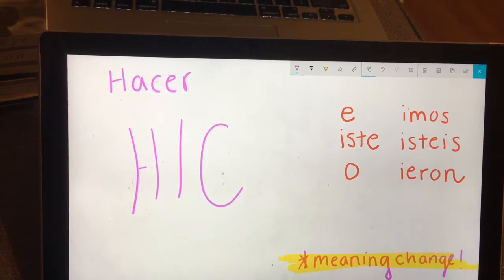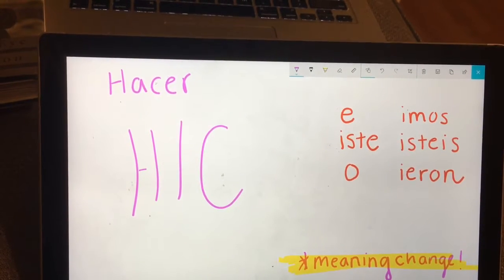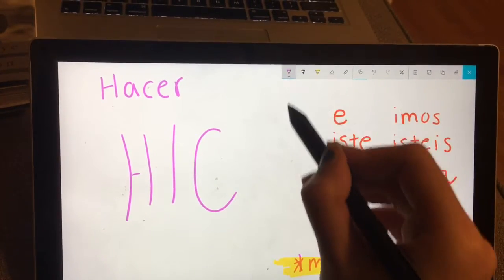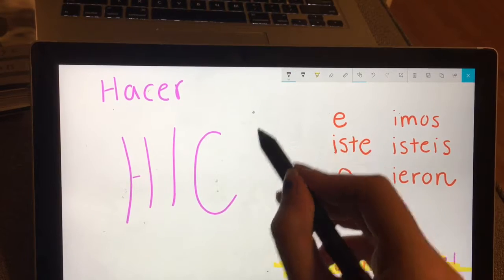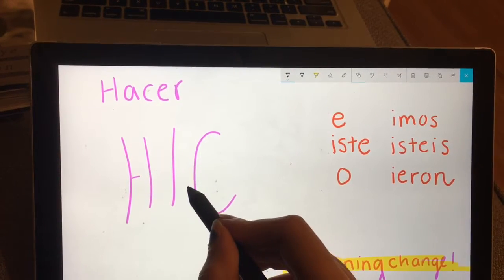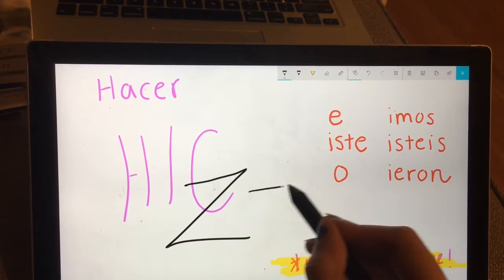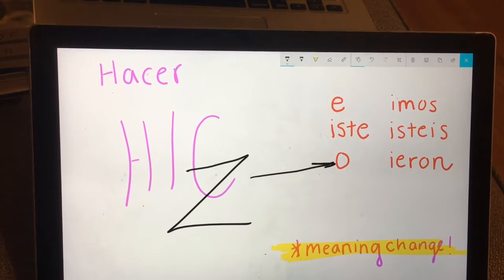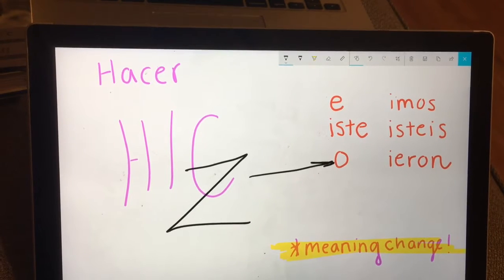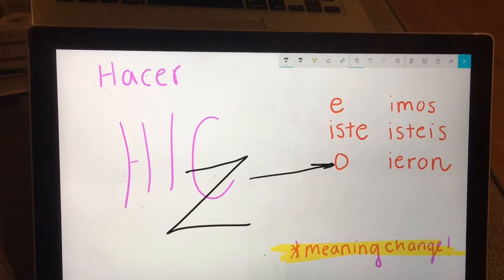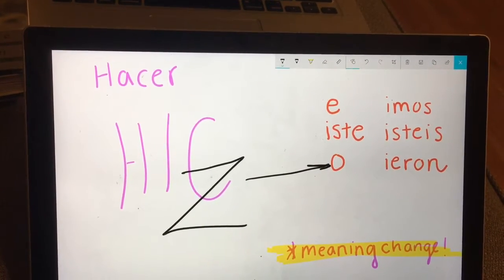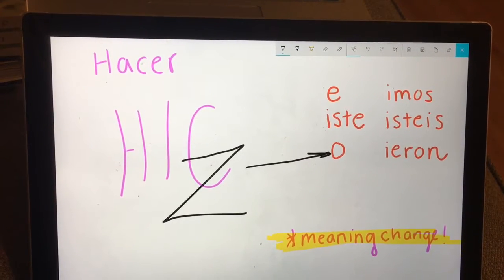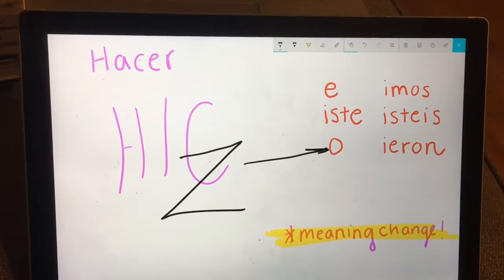However, in the él or ella form of the verb, something a little different happens, because rather than having this C, the C changes to a Z when you're using it in the third person singular form. So if, for example, I wanted to say he made a cake, it would be él hizo with a Z, el pastel. So that's the little quirk with hacer.